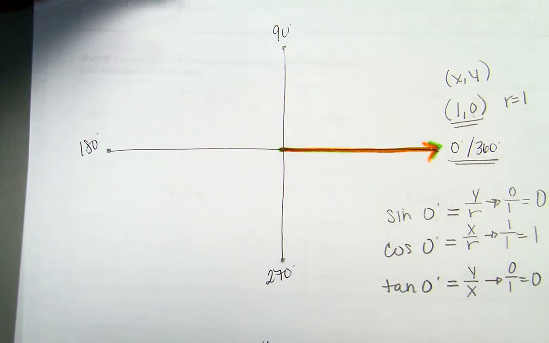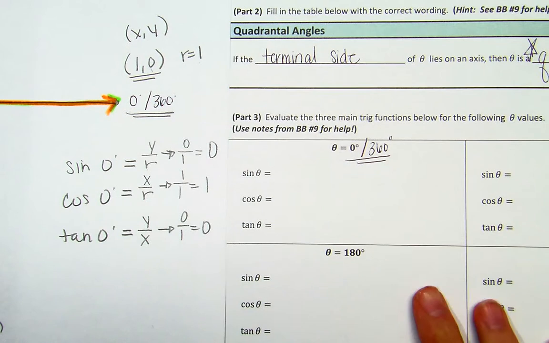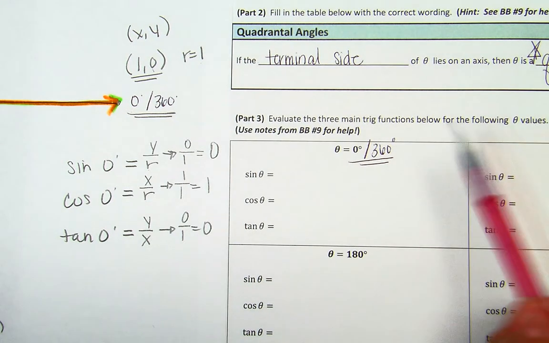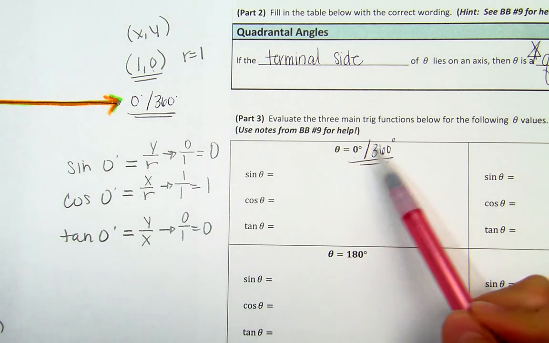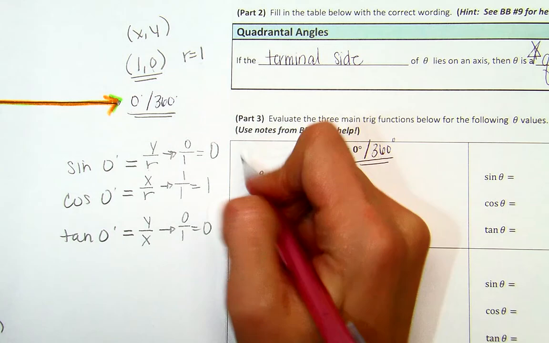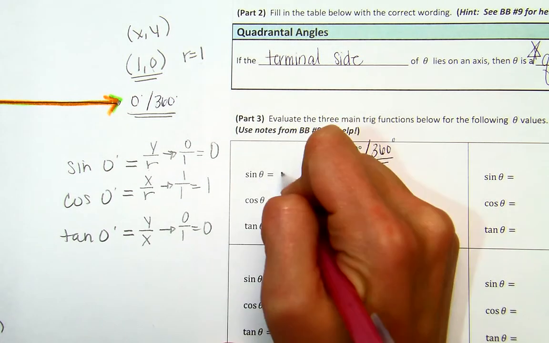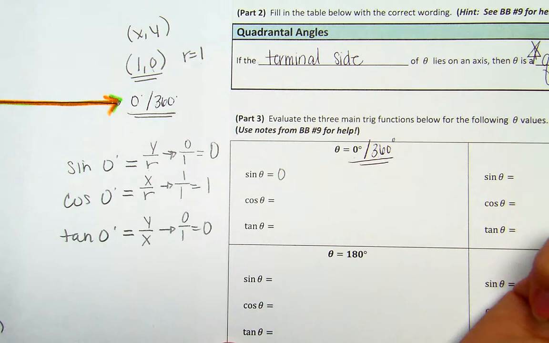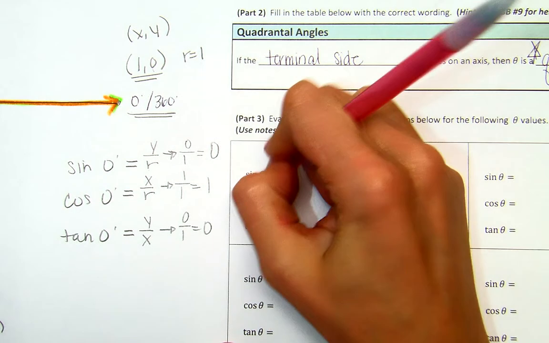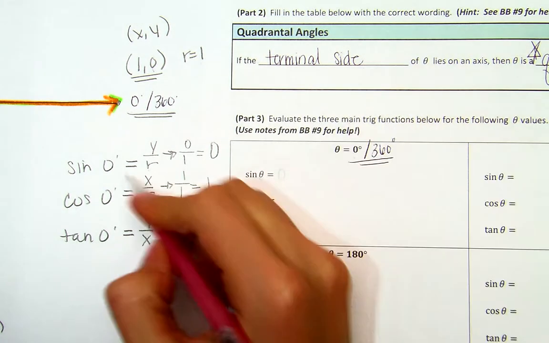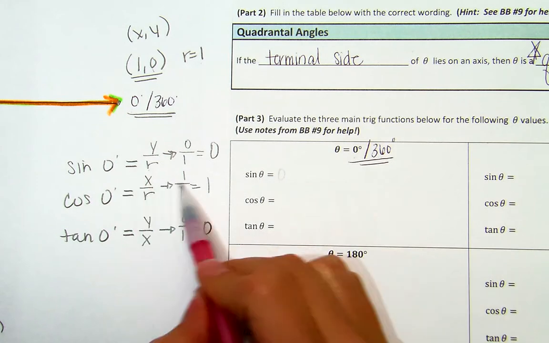So what I'd like you guys to do is take that information and fill it in on part 3. And again, 0 and 360 are coterminal, so they can be interchanged. So sine of 0 or sine of 360 will forever be equal to 0. You can fill in here what we have over here.